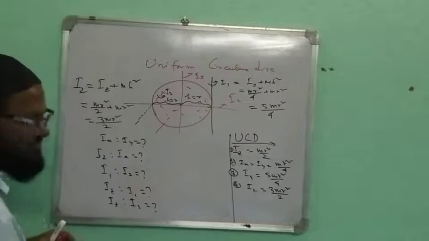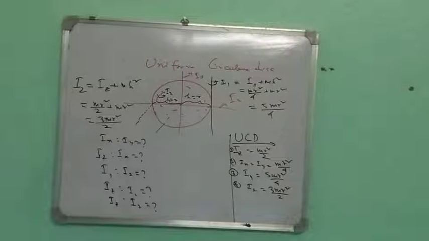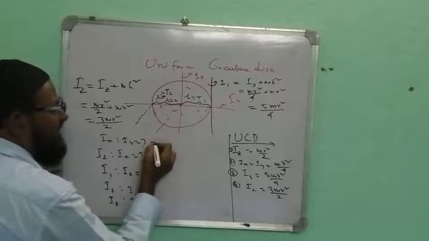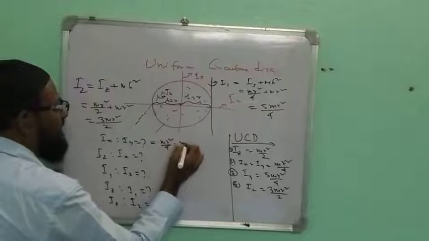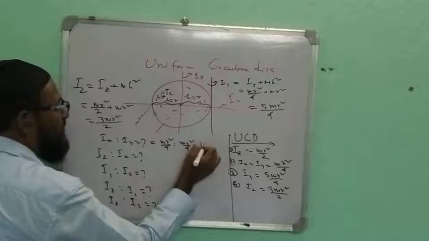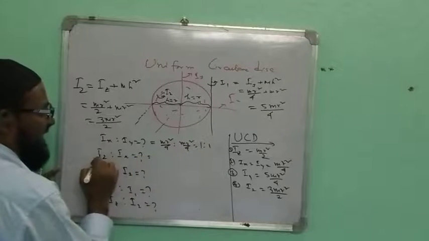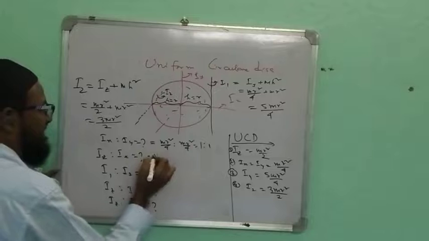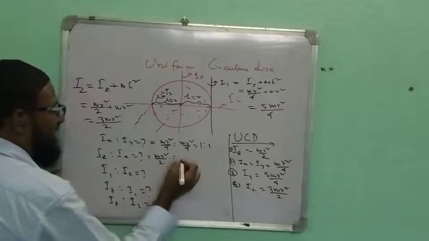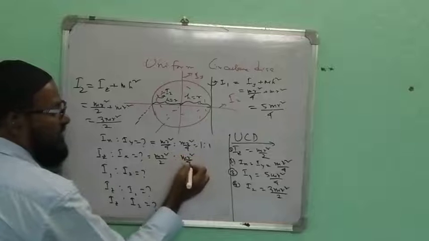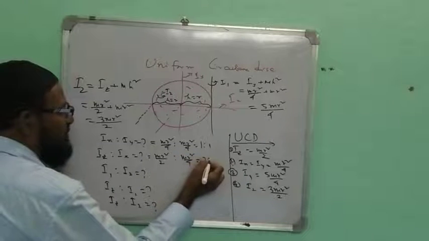Easy question, if you know. Ix to Iy is M R square by 4 to M R square by 4, so 1 is to 1. Iz to Ix is M R square by 2 to M R square by 4, that equals 2 is to 1.